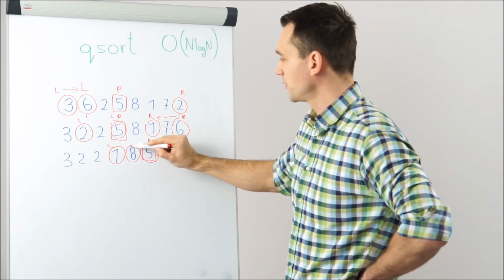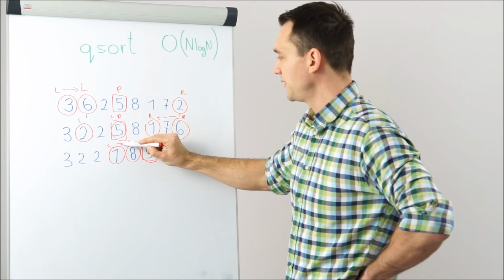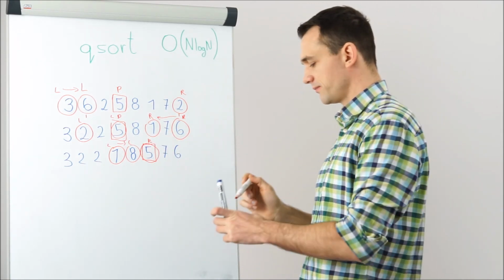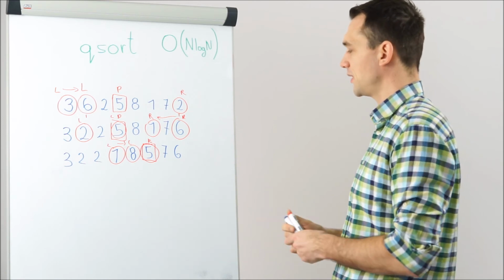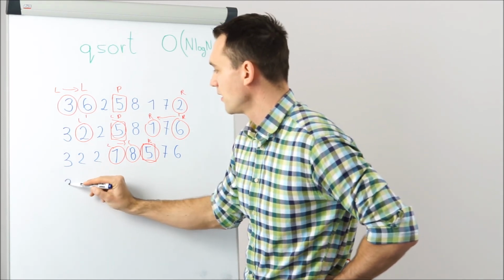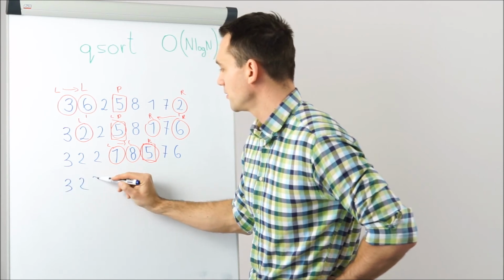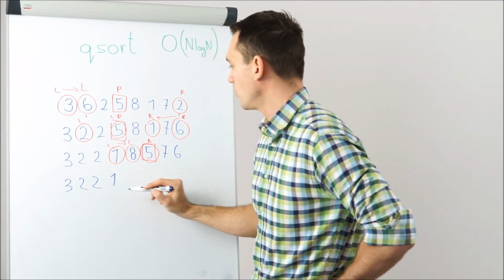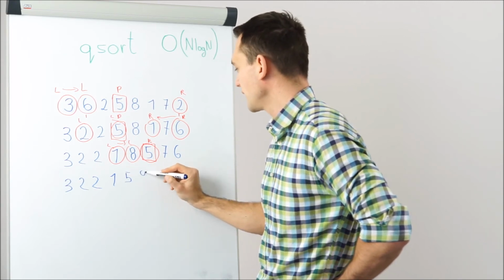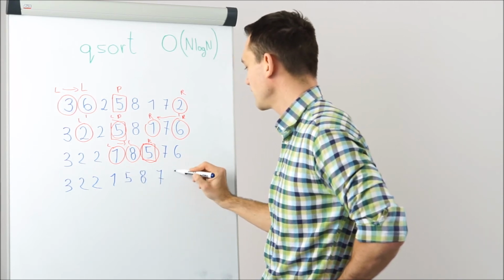We are going to the next element, which is 8, and 8 will be a subject of swapping with the right pointer, which points to the pivot element. So it will be our last swap. Then we get 3, 2, 2, 1, 5 after the swap, 8, 7 and 6.